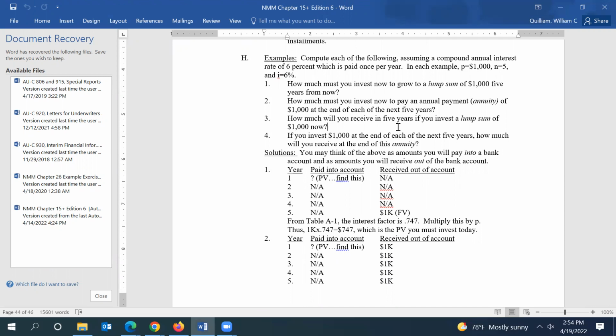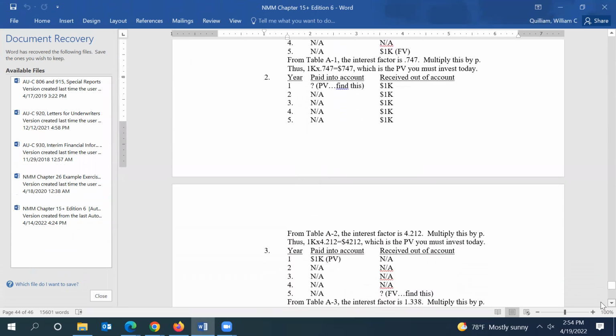But if we were investing that in a brokerage account, which is investing in the stock market, maybe that's a mutual fund, well, the stock market does really well in the next 5 years, we could have a whole lot more than 1,000. So let's just see that though under the confines we're given here in number 3.